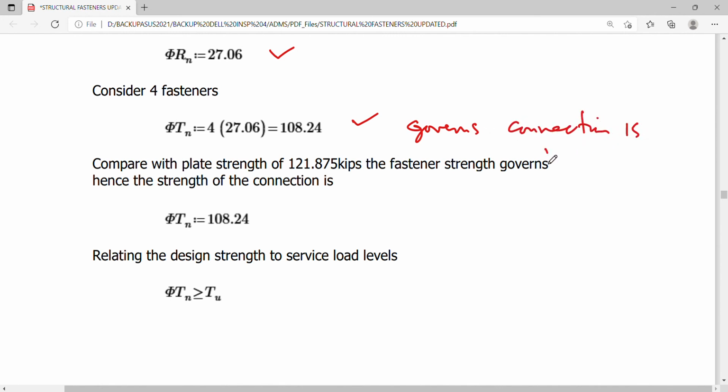Comparing with the plate strength of 121.875 kips, the fastener strength governs, hence the strength of the connection is now 108.24.